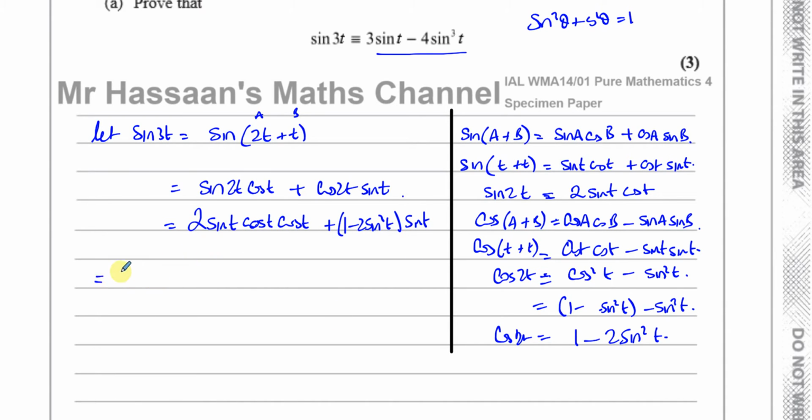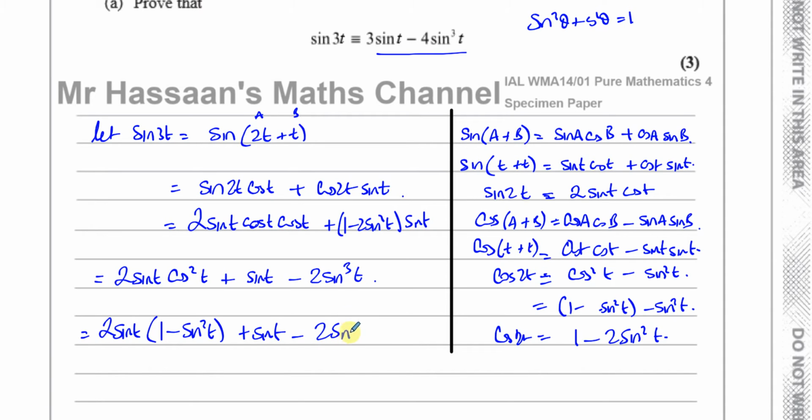So this is going to be 2 sine t cosine squared t plus, and then if I multiply this out, I'm going to get sine t minus 2 sine cubed t. Now, cosine squared t can be rewritten as 1 minus sine squared t, as we mentioned before. So this is 2 sine t times 1 minus sine squared t plus sine t minus 2 sine cubed t.